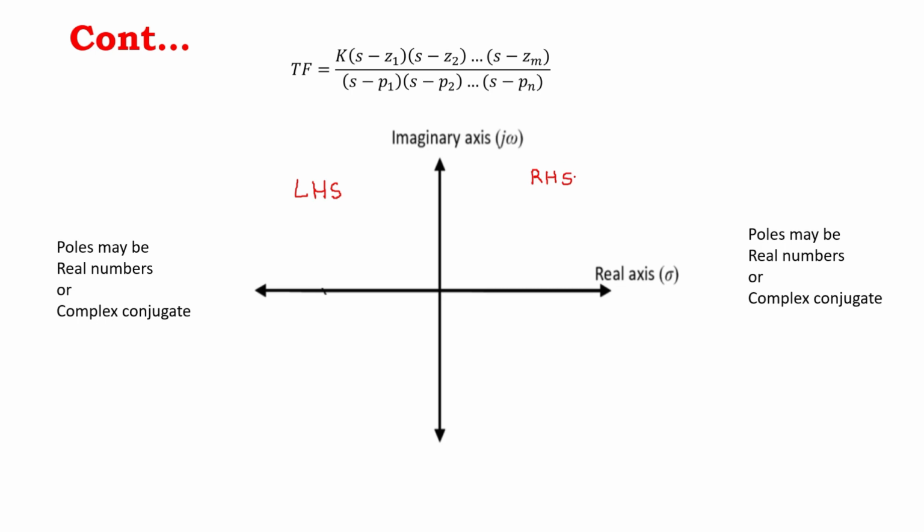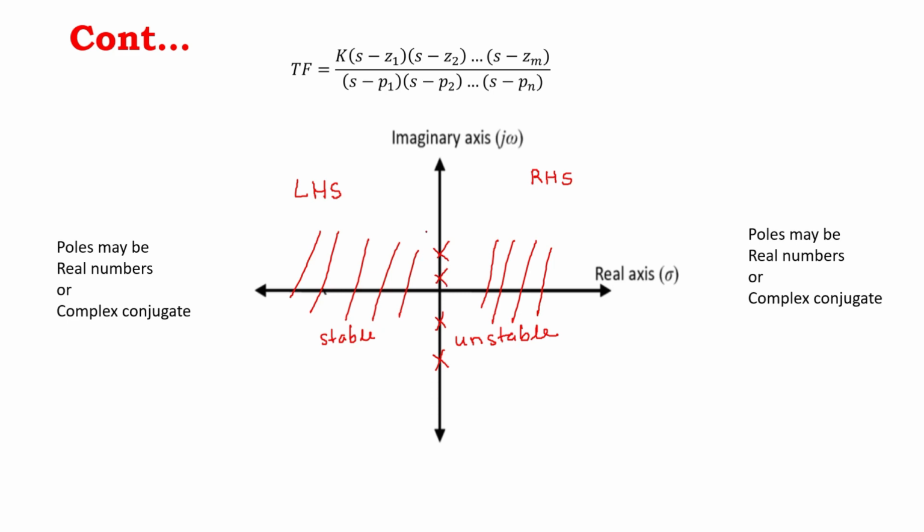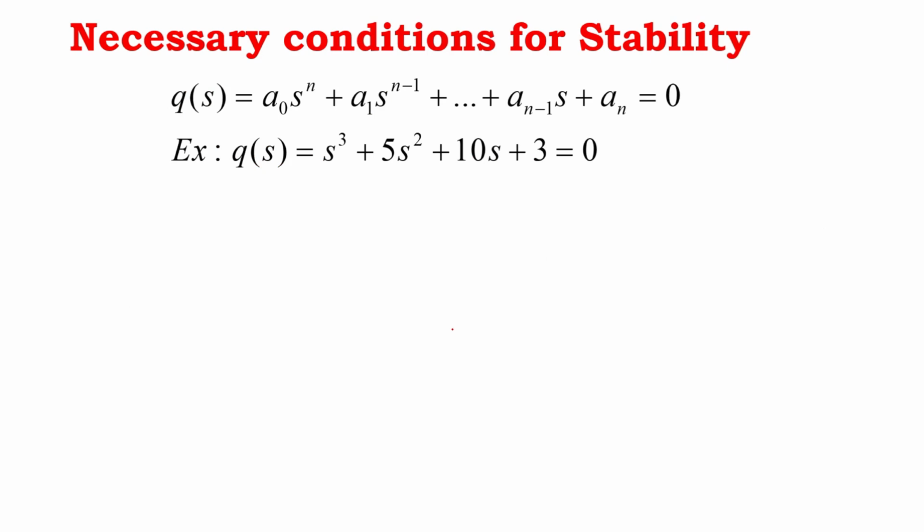If all roots are on the left-hand side, then the system is called stable. If poles are on the right-hand side, then the system is called unstable. If roots are on the imaginary axis, then it is called marginally stable. So the location of the poles is very important to say something about the stability of the system.